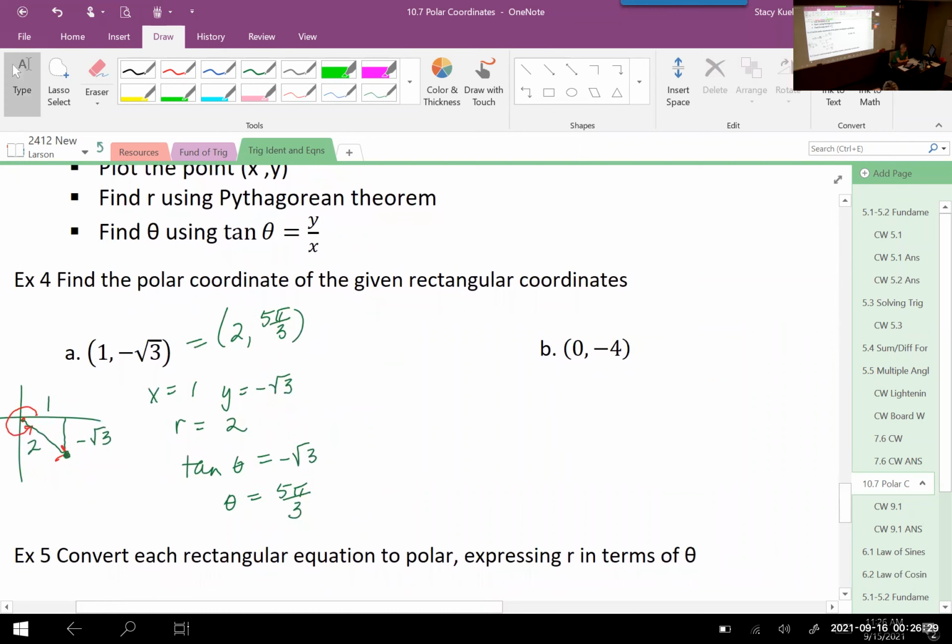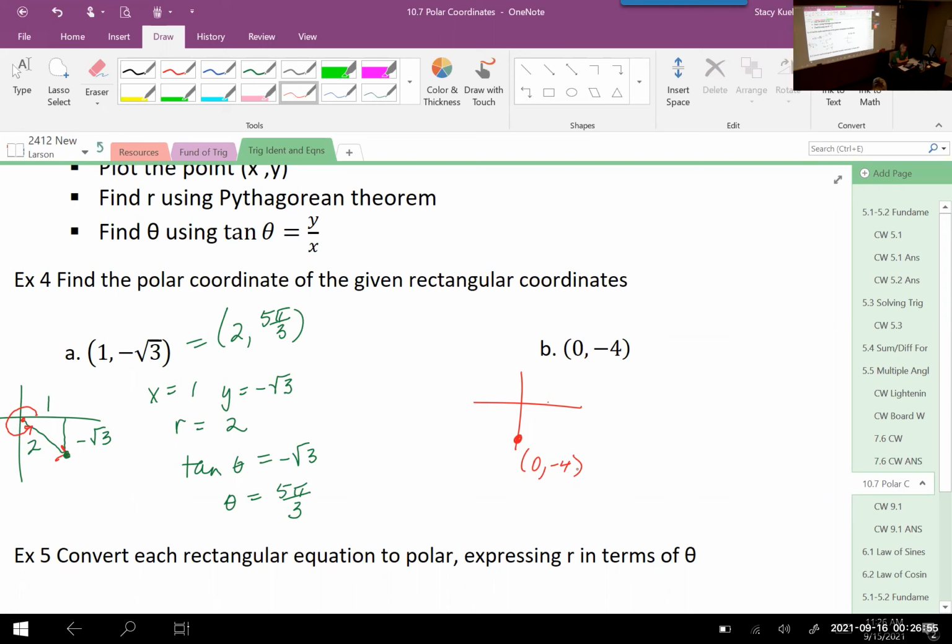Let's try the next one, 0, negative 4. So 0, negative 4 would be down here. You just plot it like normal. I don't have to do a whole lot with this one, right? What's the distance from the origin to the point?